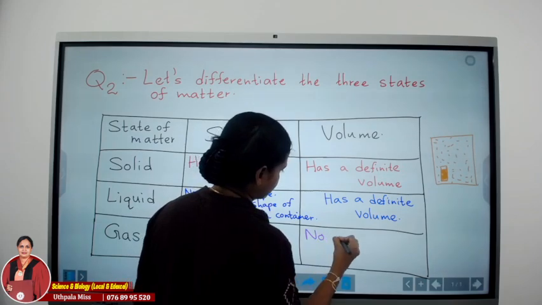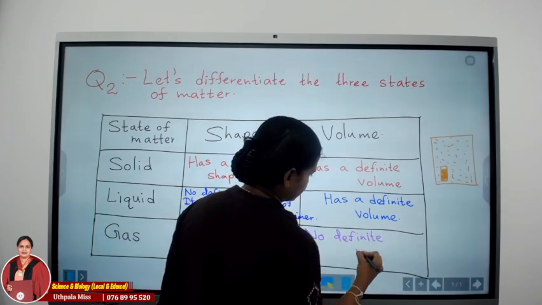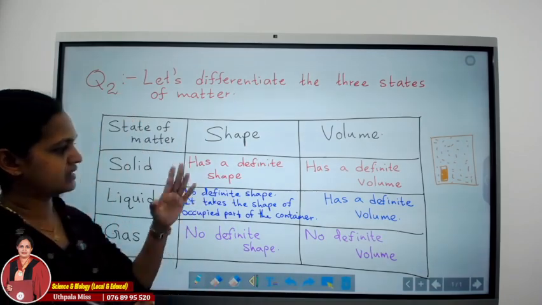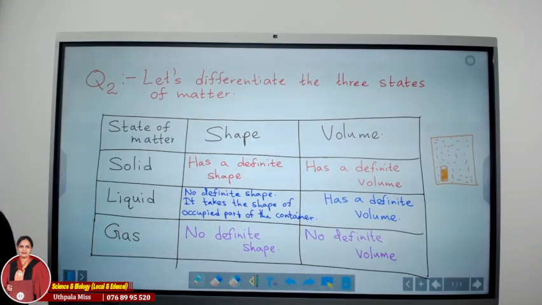No definite volume. This is how we can compare the three states of matter based on the shape and volume. So later on we will learn other features of the three states of matter in order to compare.